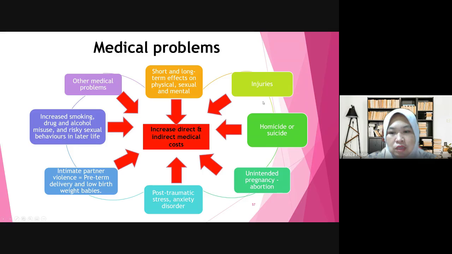So injury, homicide, suicide, unintended pregnancy, post-traumatic stress, anxiety, intimate partner violence, increased smoking, drug and alcohol misuse, risky sexual behavior, and other medical problems. All these problems incur direct and indirect costs to treat.